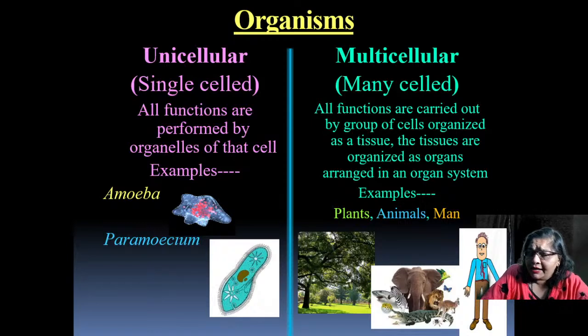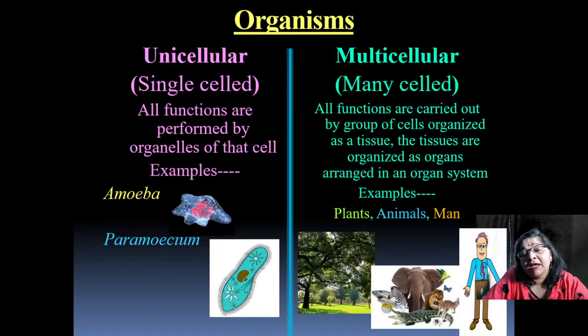Such organisms are called unicellular organisms. For example, you have heard about amoeba and paramecium. These are unicellular organisms. So a single cell performs all the functions for that particular organism.